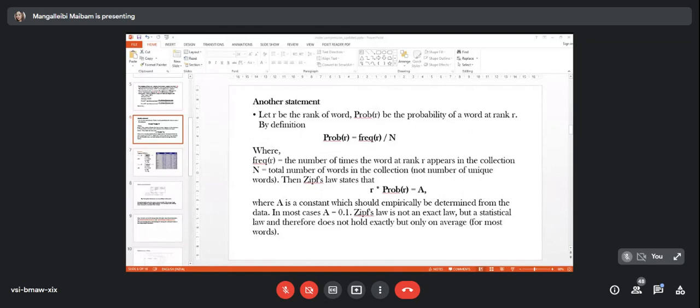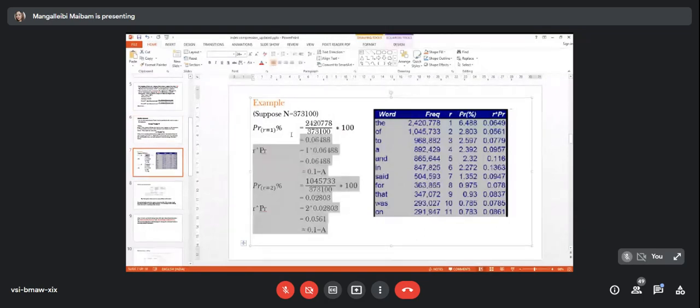Now, for the remaining ones, the result is already written here, but you need to solve in this way, and the value you get should be similar to this value. You have to show me like this: probability of rank 1 in percentage.